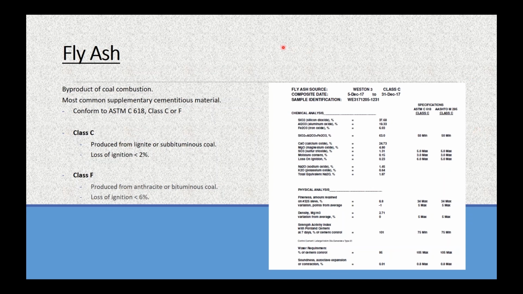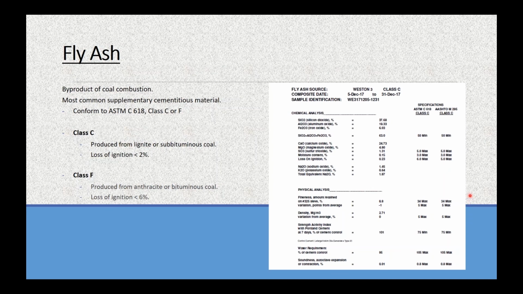Spec 4 requires that it conforms to ASTM C618, and it needs to be Class C or Class F. What Class C means is that it's produced from lignite or subbituminous coal combustion, and the spec requires that you have a loss on ignition of less than 2%. Class F, on the other hand, comes from anthracite or bituminous coal combustion, and the loss on ignition per spec needs to be less than 6%.